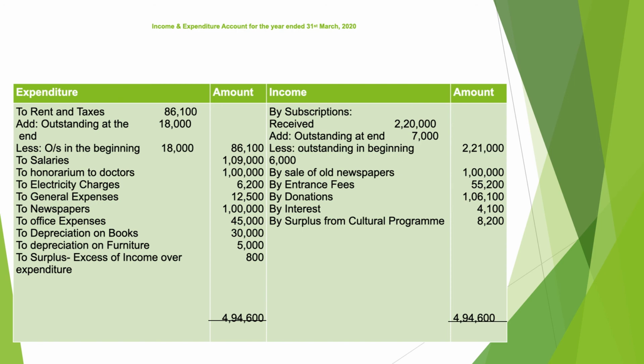As the income side is more, after adding the income, we will deduct all the expenses, and as you can see, we got a surplus of 800. So how did we get 800? As I've already told, the income side is totaled and all the expenditures are deducted. Then we got the surplus.